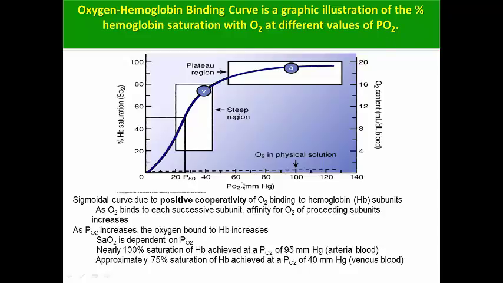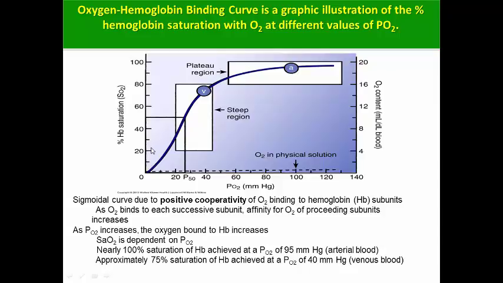So on the x-axis we have the partial pressure of oxygen, and on the y-axis we have the percentage saturation of hemoglobin with oxygen, or we might have the oxygen content, if you like, on the y-axis. So as the partial pressure of oxygen increases, the percentage saturation of hemoglobin with oxygen increases.